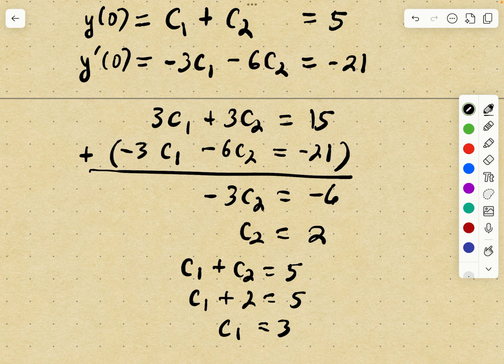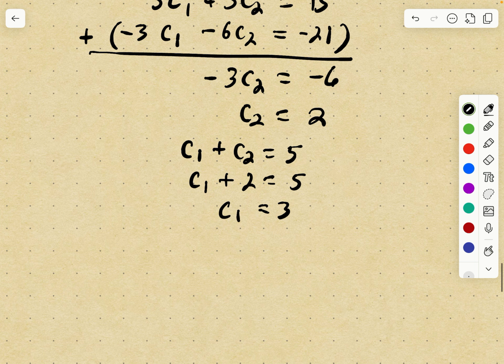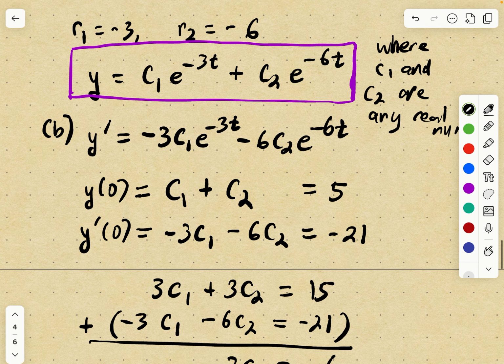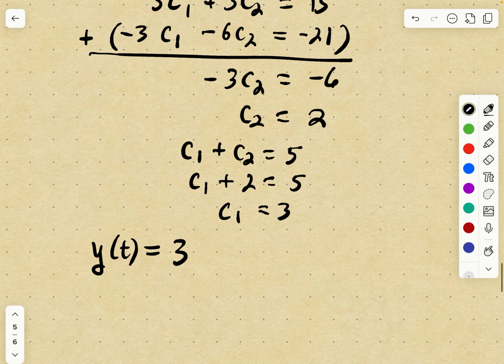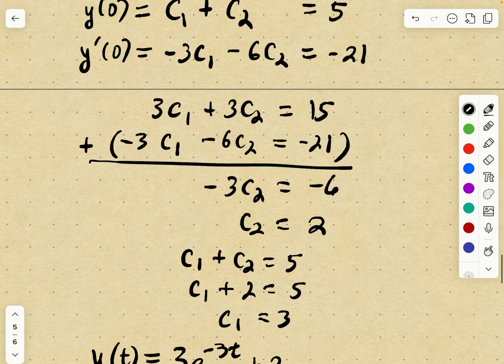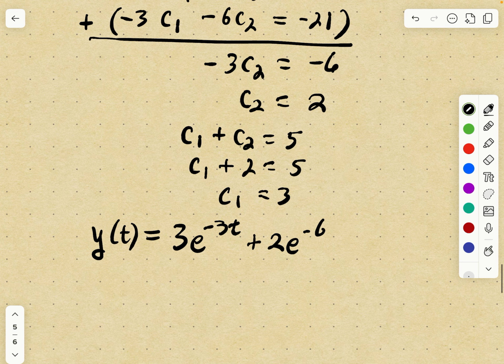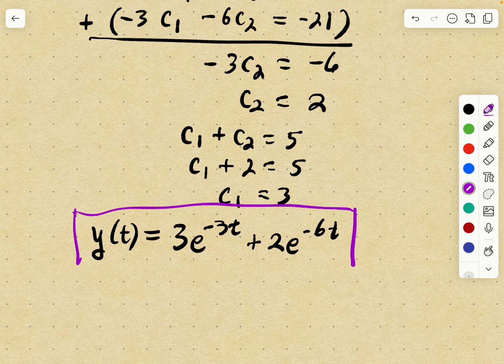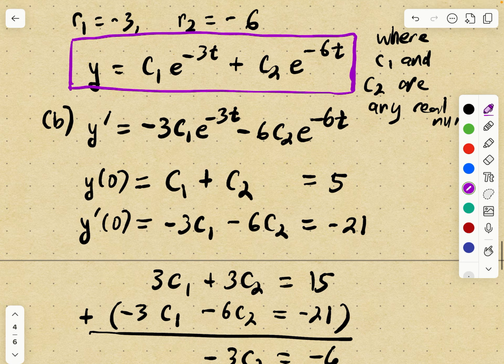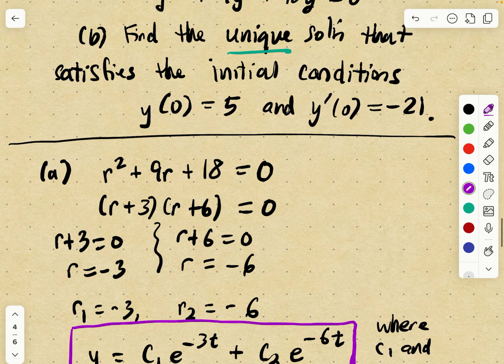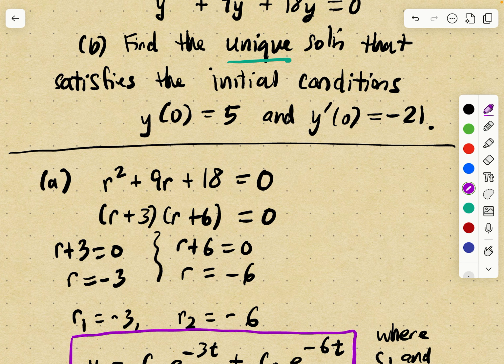So your c1 is 3 and your c2 is 2, therefore the answer is y of t equals 3 e to the negative 3t plus 2 e to the negative 6t. That's the function that satisfies the differential equation and also these initial conditions.